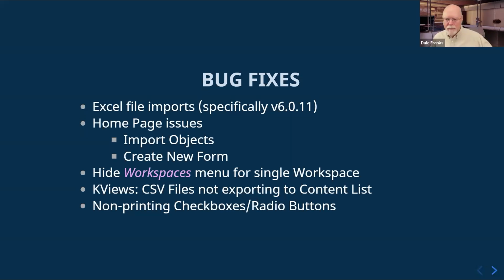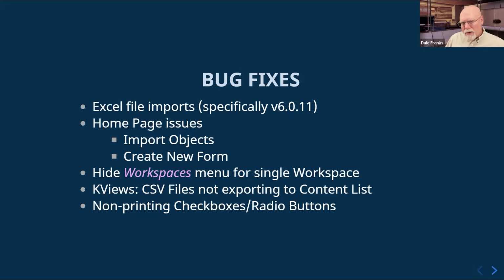You wouldn't see the tabs. Same thing with the workspaces menu. It should not show up if you have only one workspace assigned to the user. So you should see no menus at all at the top. Well, that's not true. Up in the upper right corner, you should see the drop down for your user profile menu. But other than that, the workspaces menu should be hidden. Something happened. The workspaces menu came back for users that only had one workspace, and we have fixed that.